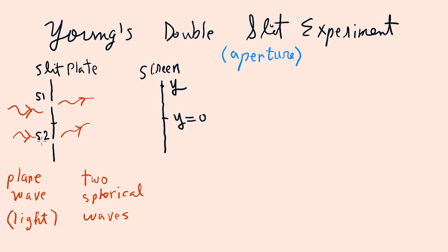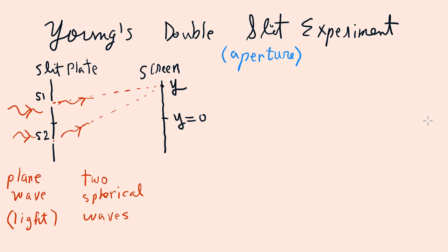Then a spherical wave comes and hits that y point from slit 1, and another ray of light comes and hits that y point. These two rays of light hit the y point, and we are seeing the effect of interference, or the result of superposition of these two waves.